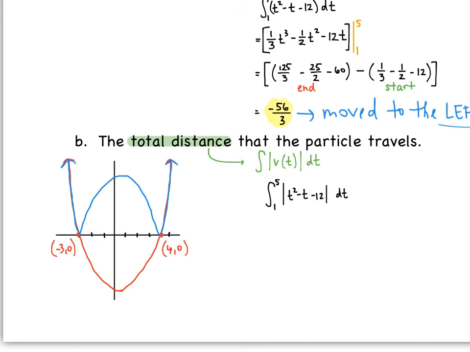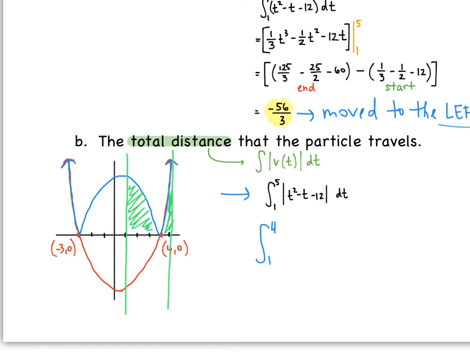Okay, but now we're going from 1 to 5, so we have to manipulate our integral a little bit. If we're going from 1 to 5, that's this piece here, and we want to find the area under the curve. So what we should notice is the integral from 1 to 4 has changed, right?